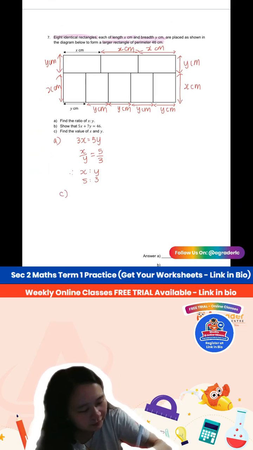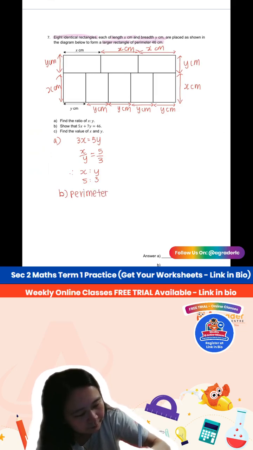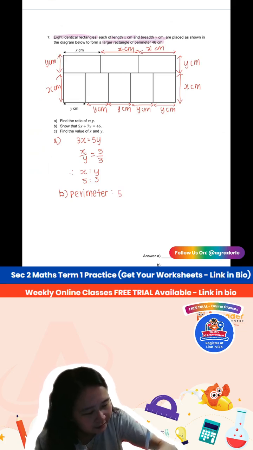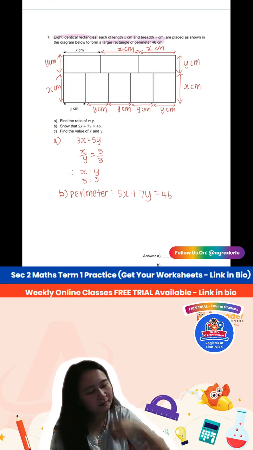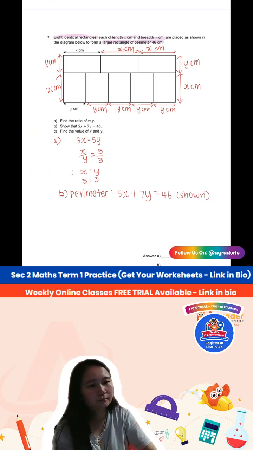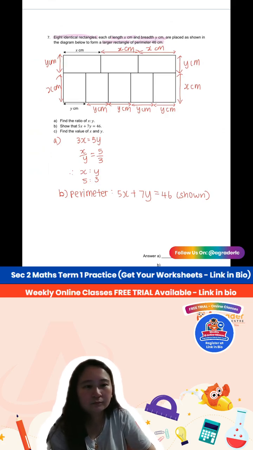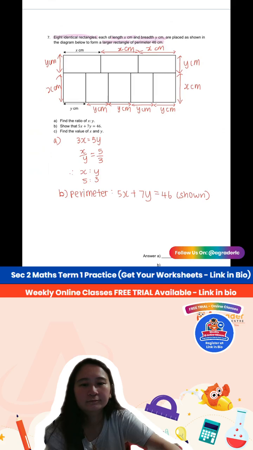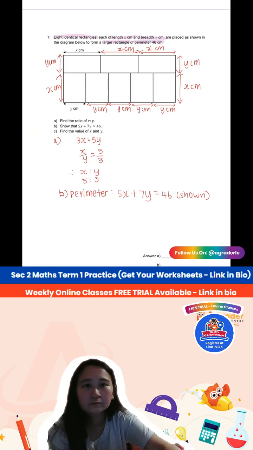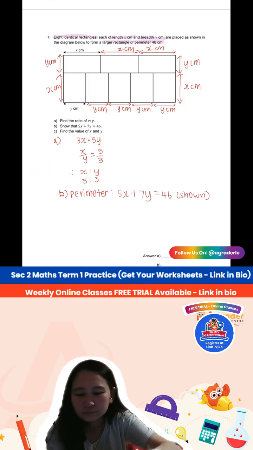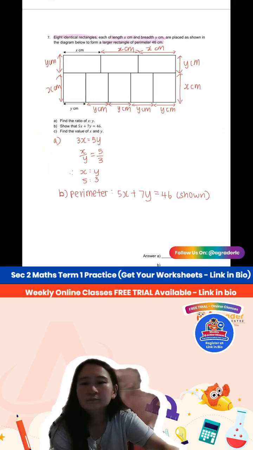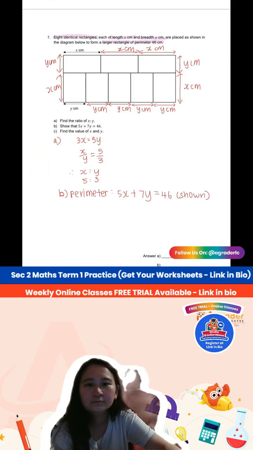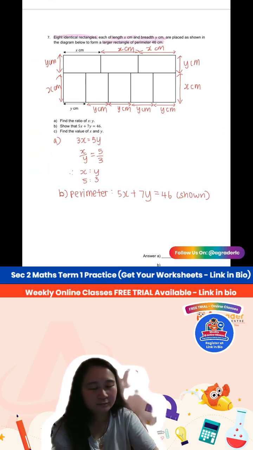So when you add everything up to find the perimeter, there is 1, 2, 3, 4, 5, 5x plus 7y must give you 46. Okay, so shown.